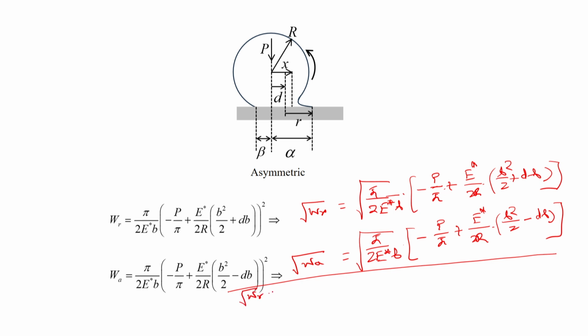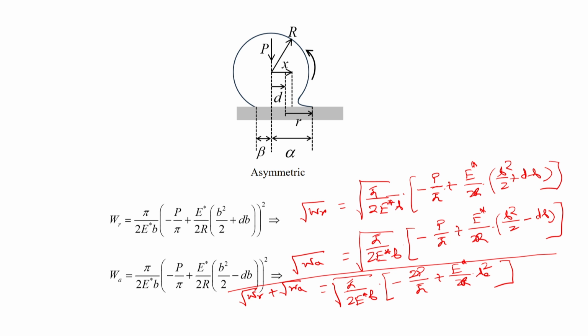Square root of W r plus square root of W A will be equal to square root of pi by 2 E star into b, and this is minus 2 p by pi plus this is E star by 2 r. So, b square by 2 plus b square by 2, that is actually b square here, and plus d b minus d b gets cancelled. So, I get here minus 2 p by pi plus E star by 2 r into b square. So, that is where I get it.